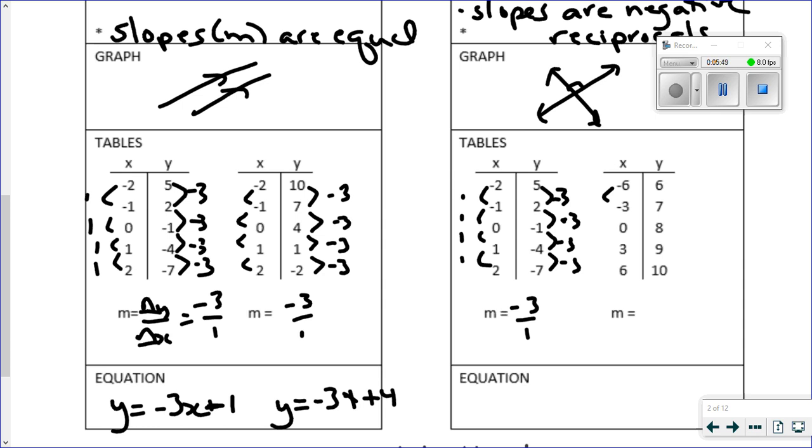Now, notice this is 3, 3, 3, 3, but this is going up 1. So it means over here, our slopes have flipped, okay? See how our numbers have switched sides and the sign has changed.